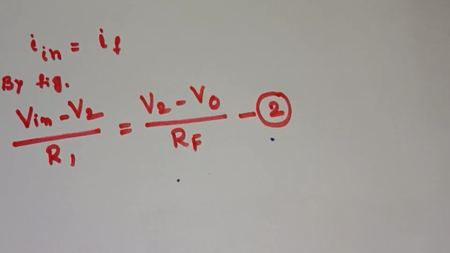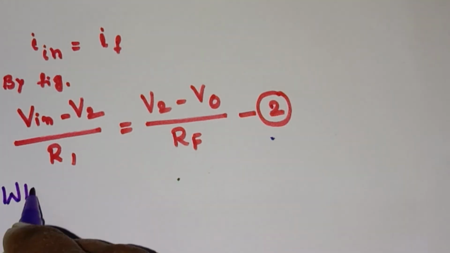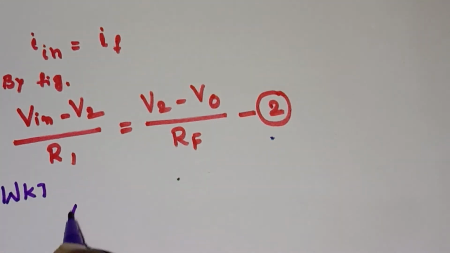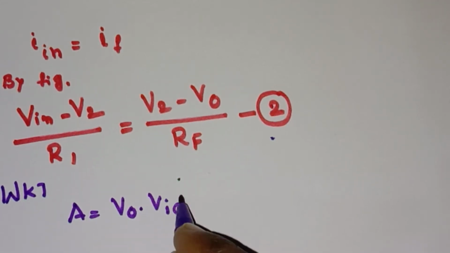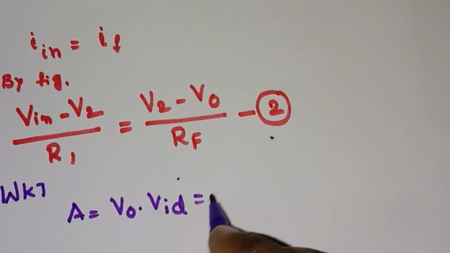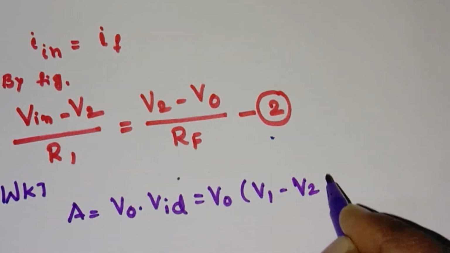Next, we know that A is equal to V out by VID, or V out is equal to A times V1 minus V2.